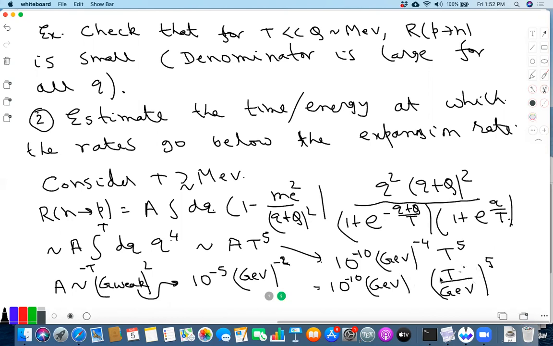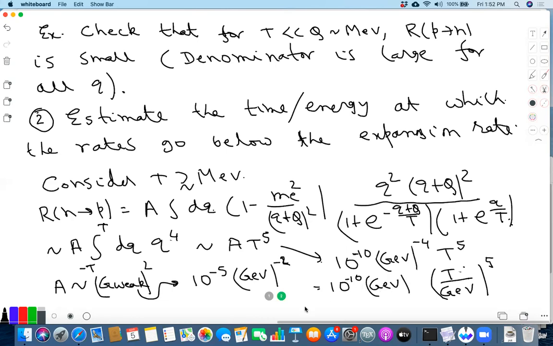Okay, so now this I'll convert to T over MeV, using the fact that GeV is 10 to the 3 MeV, and now this one I'm going to convert to time. Okay, and the easiest way to do that is you first convert it to the Planck scale, right, and then you replace it by Planck time. Okay, that's the way we convert from this to time.